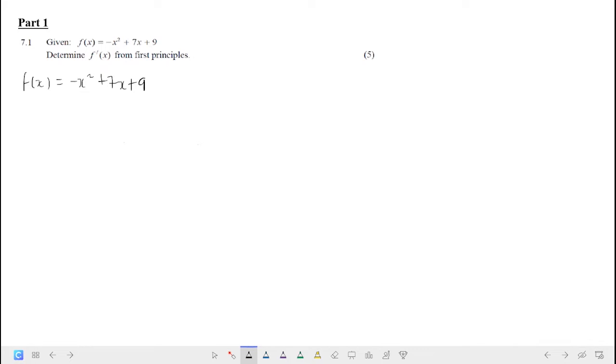Now here, the first thing that you do is you need to write your f of x, which is what we did here. And then secondly, we need to write f of x plus h. Now, where does f of x plus h come from? Remember, on the formula that you'll be using, f prime x is the limit, right, as h approaches 0 of f of x plus h minus f of x all divided by h.